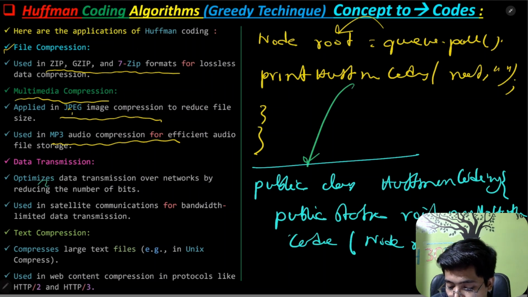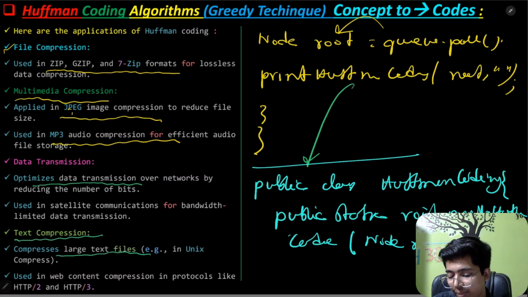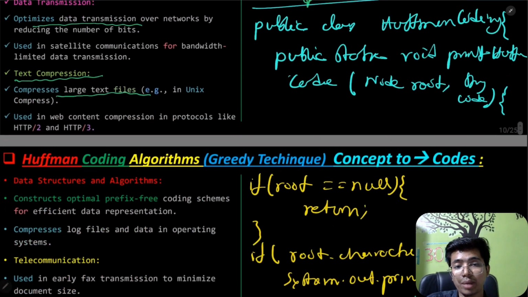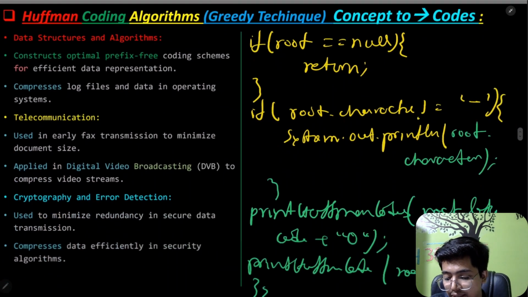Now data transmission: it optimizes data transmission. Text compression: it compresses larger text files, for example Unix compression. So these are all the places where the Huffman coding algorithm is utilized.